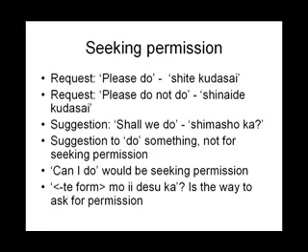The sentence could end in shimashou ka. Shall we do is really a suggestion and not a way of seeking permission. Since it is a joint action proposal, the other person's acceptance is implicitly requested. Can I do would really be the way of seeking permission. Te form mo ii desu ka is similar to this way of asking permission.